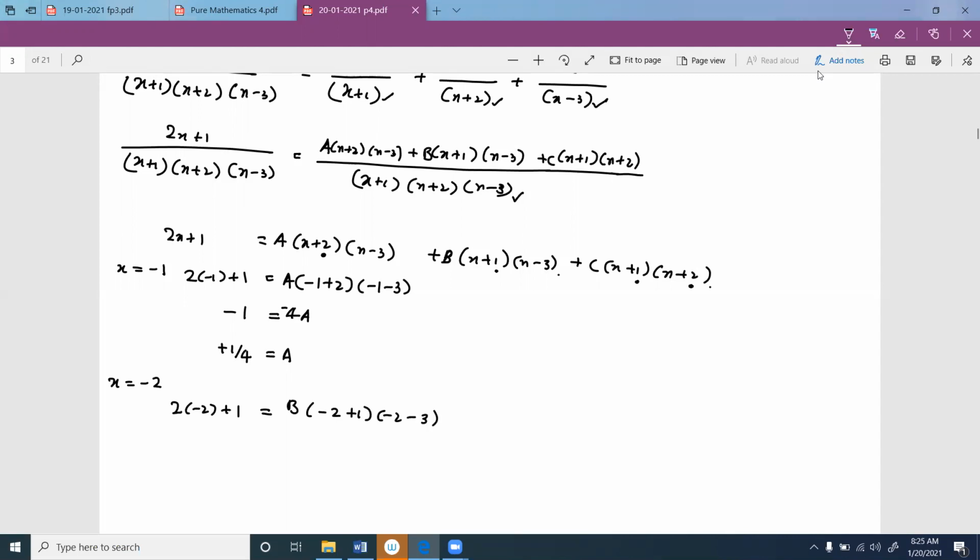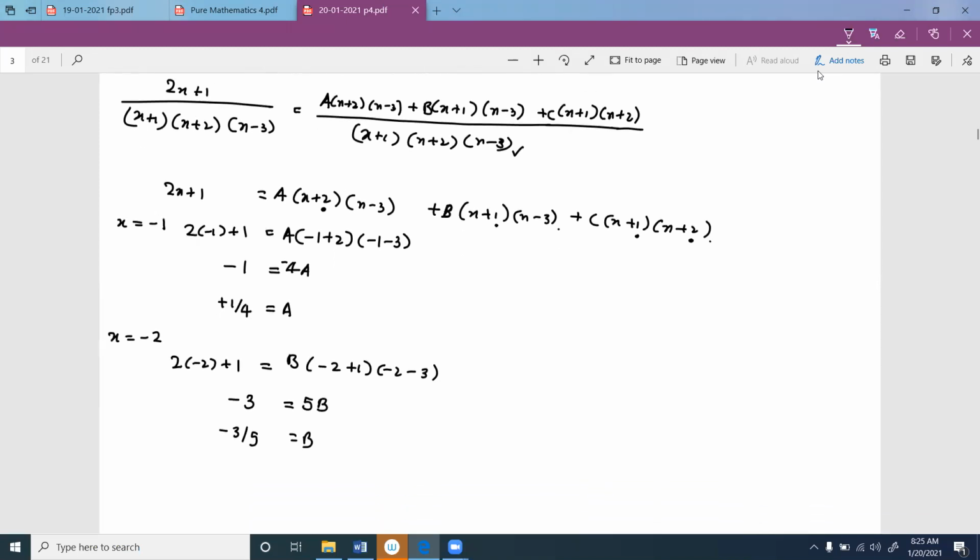So it turns to minus 4 plus 1, which is minus 3. This is minus 1 into minus 5, which turns to 5b. Minus turns to plus, that's it. Therefore, b becomes minus 3 over 5.